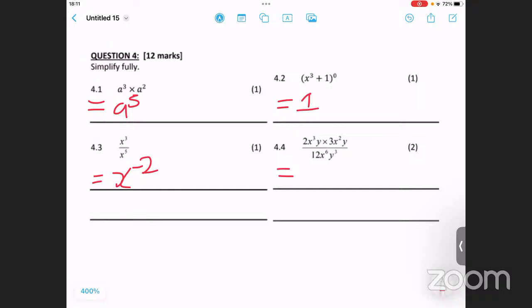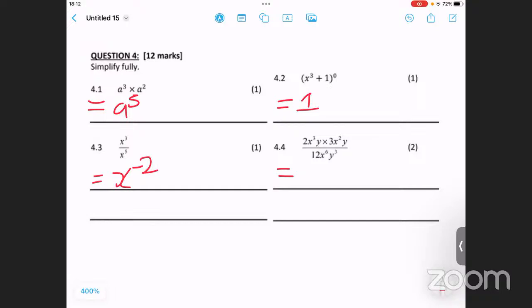And our 4.4 looks complex. We have 2x to the power of 3 y multiplied by 3x to the power of 2 y, all divided by 12x to the power of 6, y to the power of 3. What are we going to have?